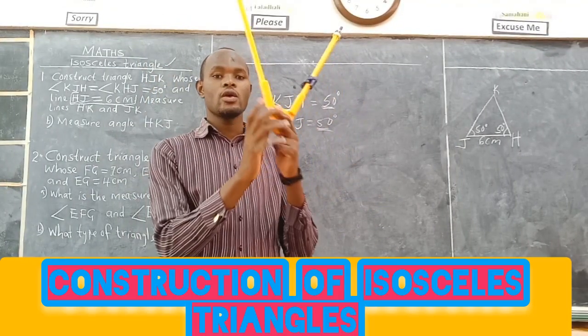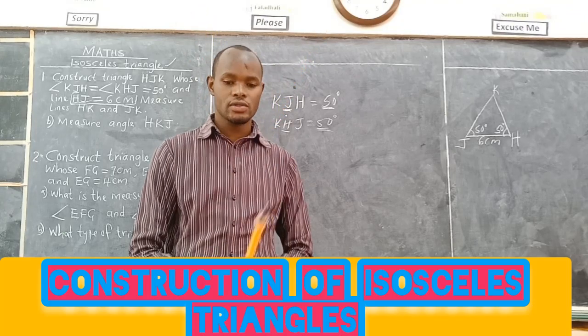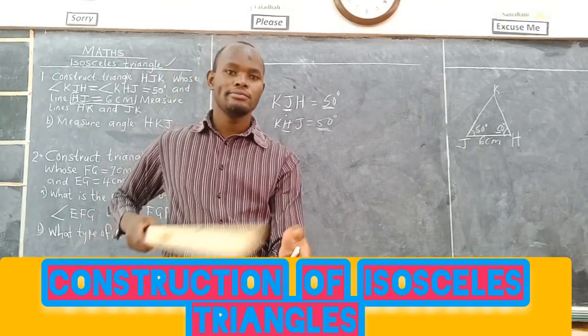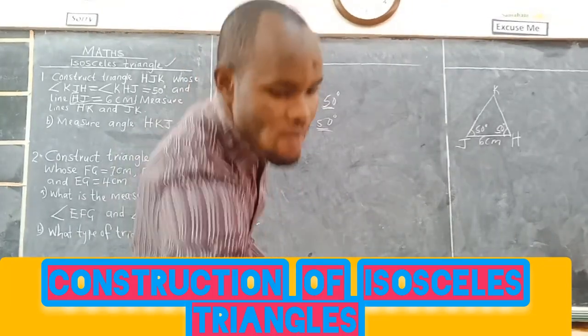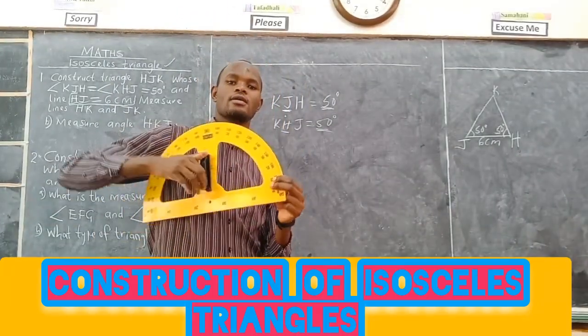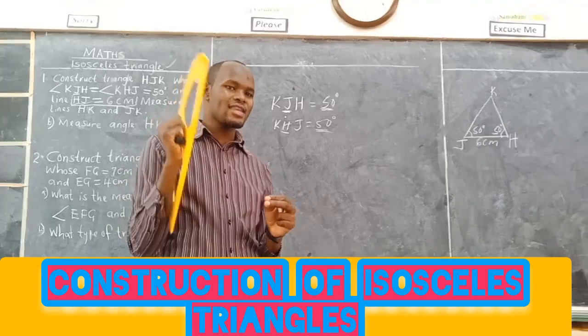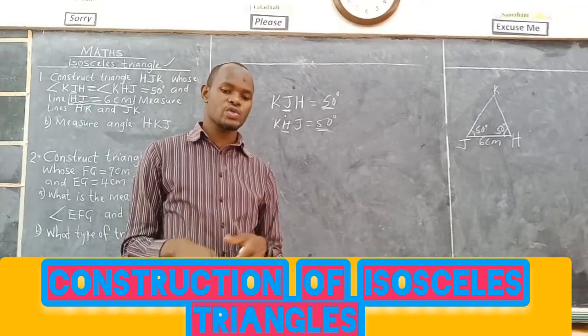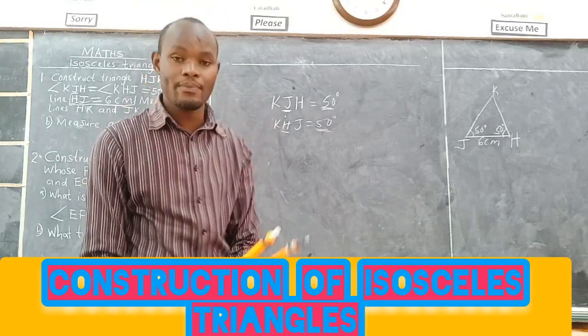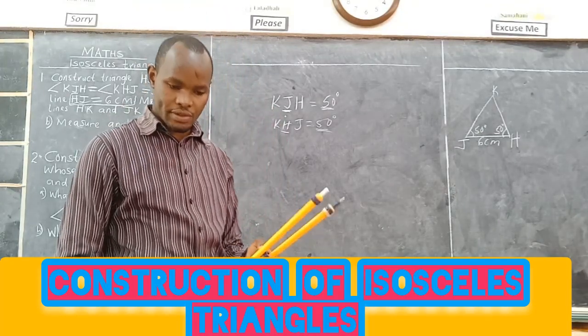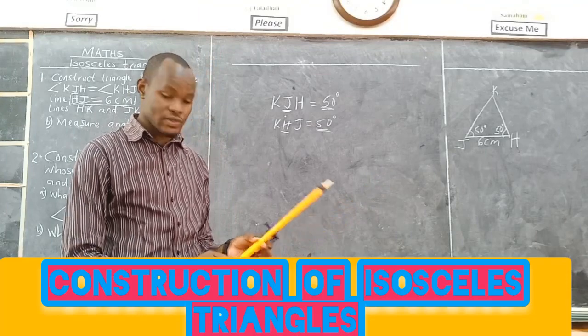You use a pair of compasses, a ruler, and a protractor. These are the equipment you are supposed to use to construct triangles and other figures like quadrilaterals. But today we are talking about construction of isosceles triangles.